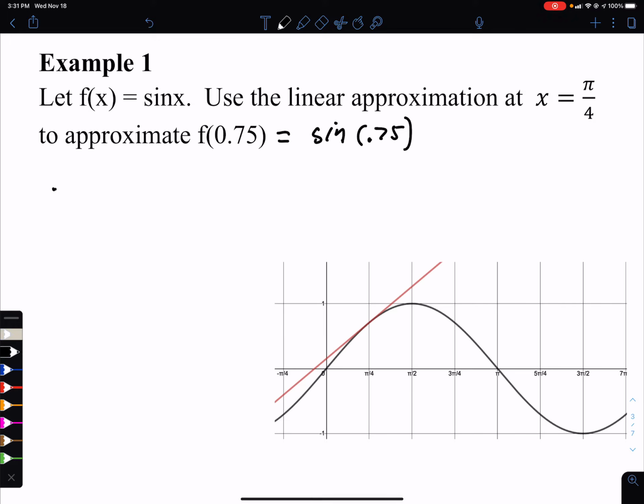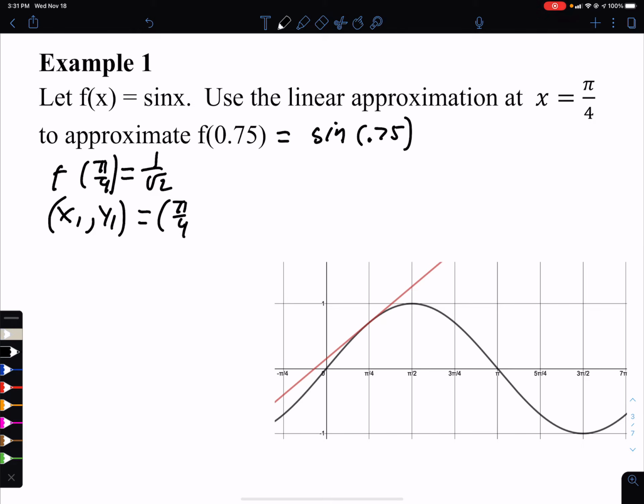So let's do this. What's the function at pi over 4? Not the derivative yet. The function at pi over 4, sine of pi over 4, I know that. That's 1 over radical 2. So that's my y1. So my x1, y1 will be pi over 4, 1 over radical 2.